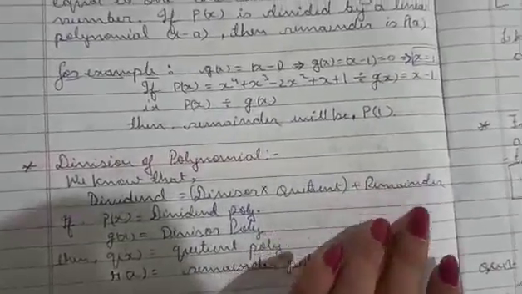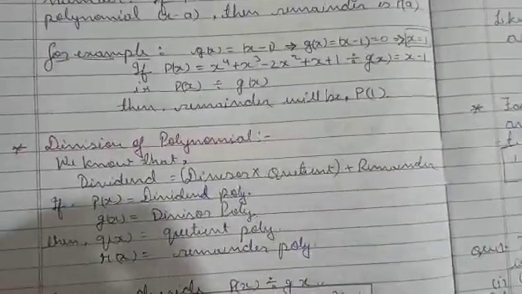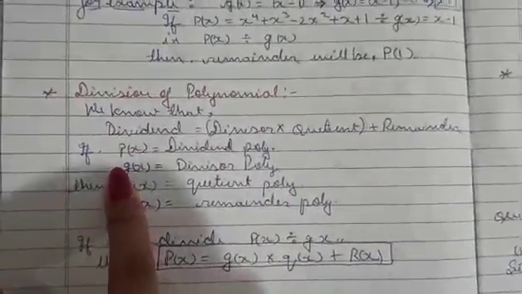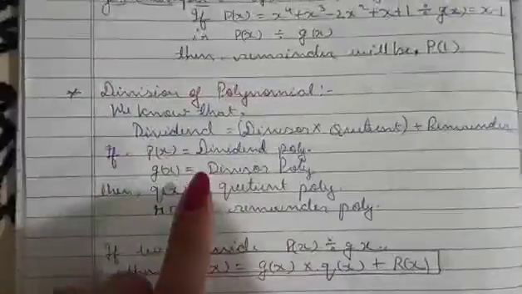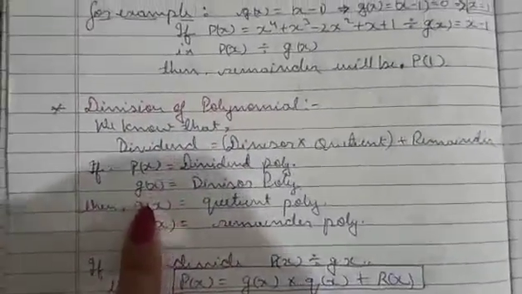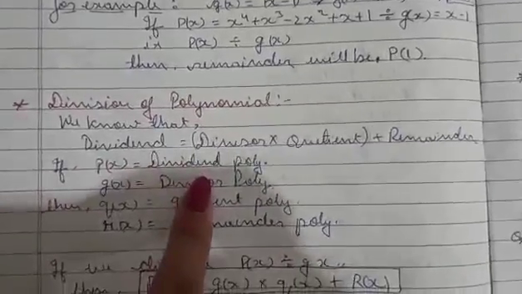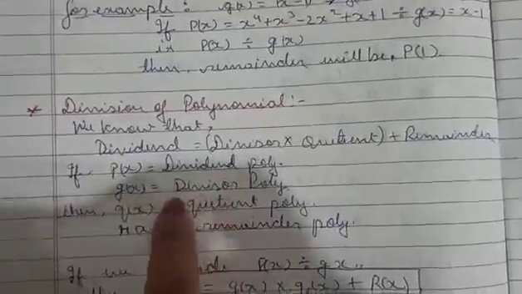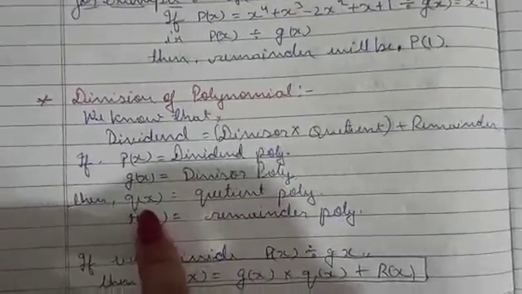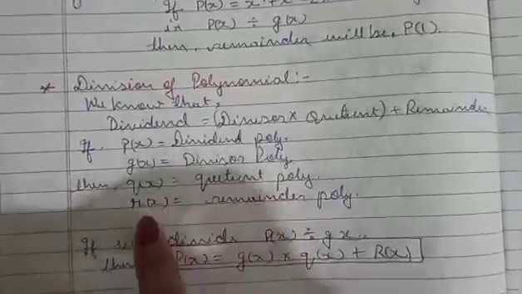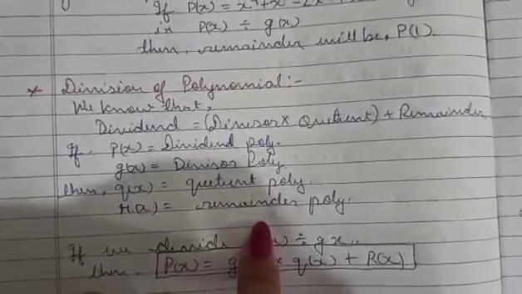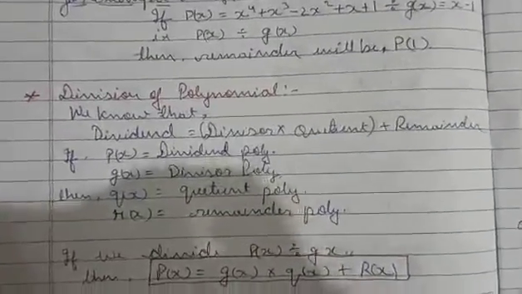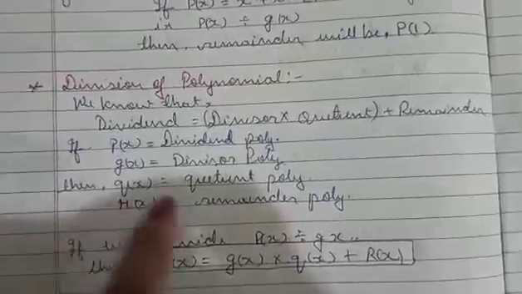So the left out number which further cannot be divided is the remainder.